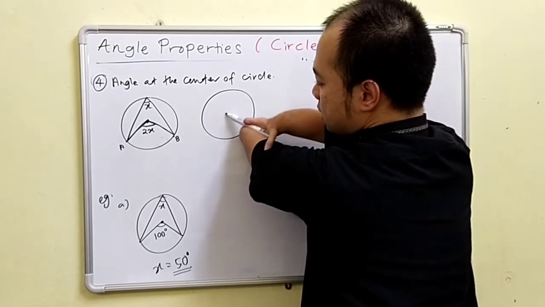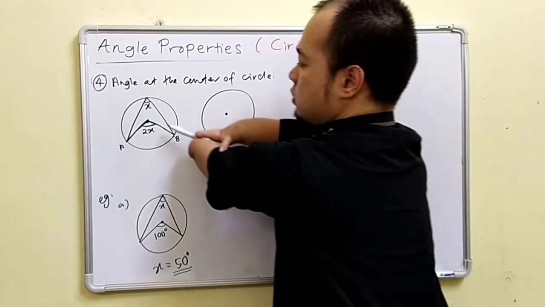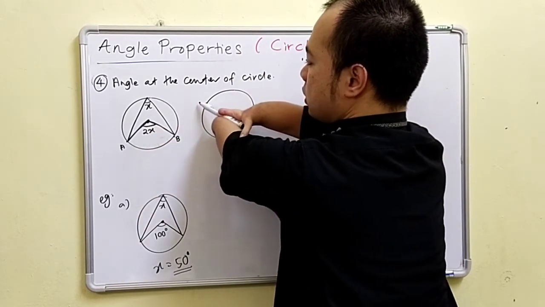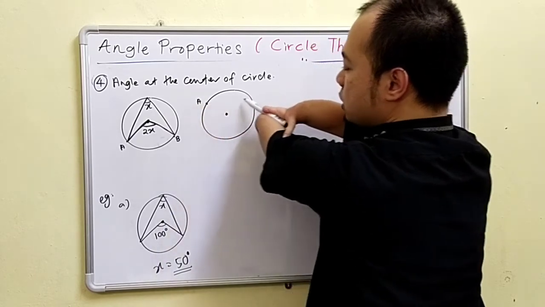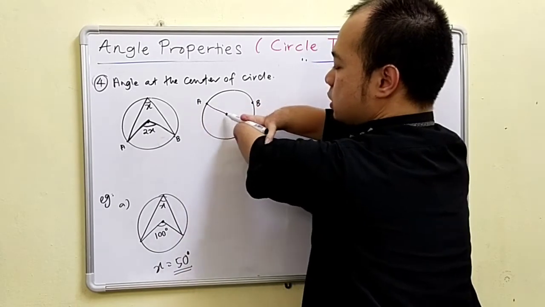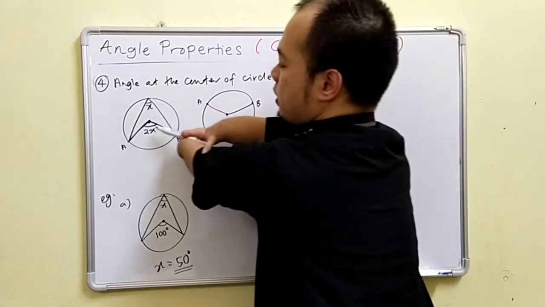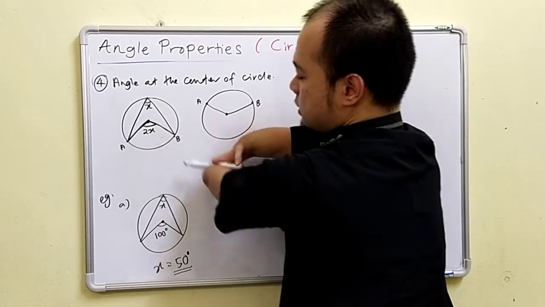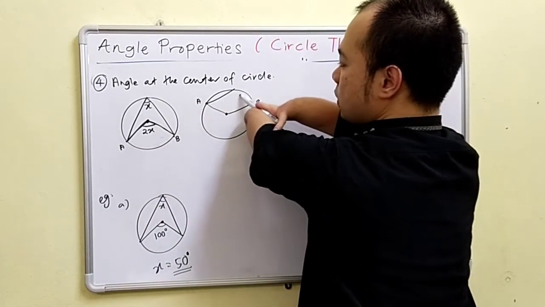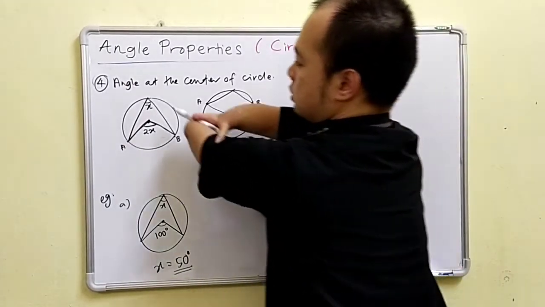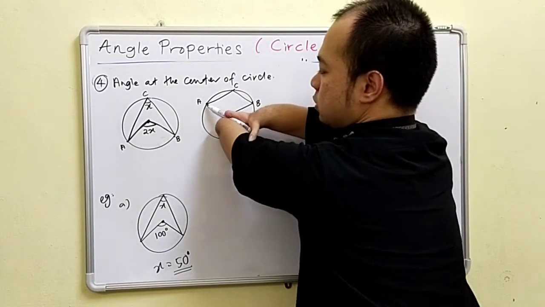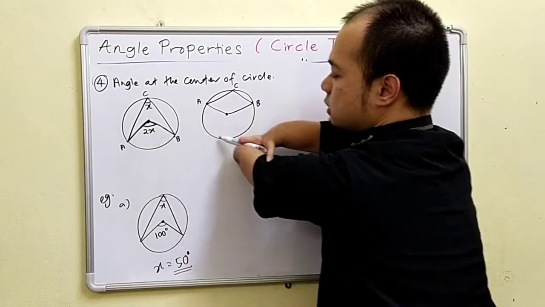But you must remember, for this theorem, the circle can also go this way. Still this is the center, with A down there and B down here. A and B can be anywhere as long as they are on the circumference. This is the radius, this is the radius. Let's say this is point C. Now you see the major sector over here.